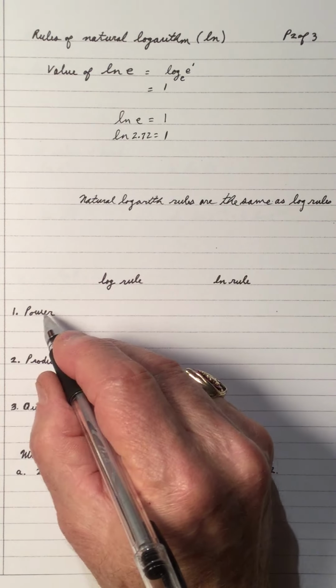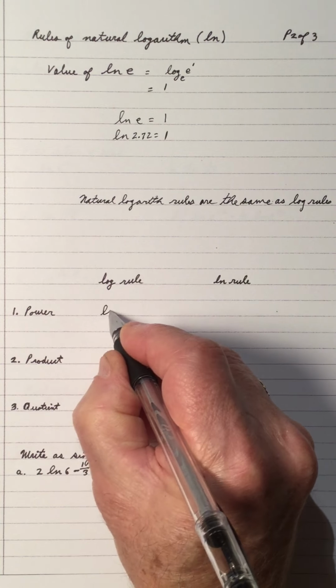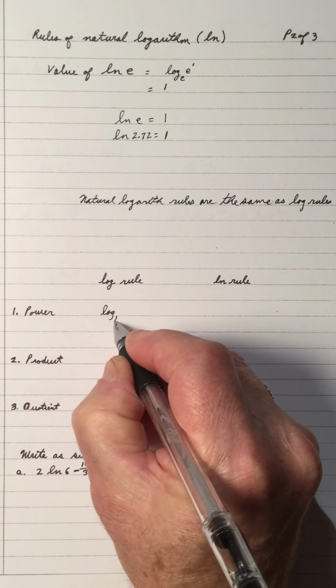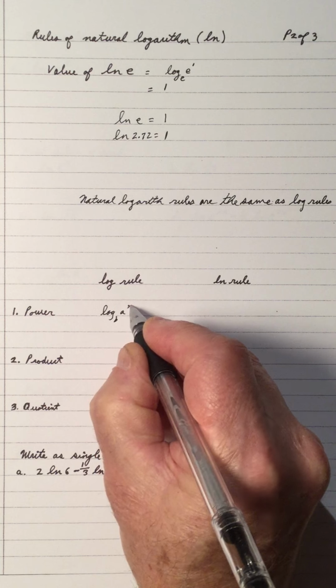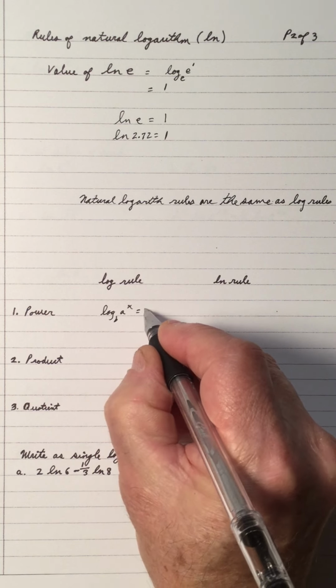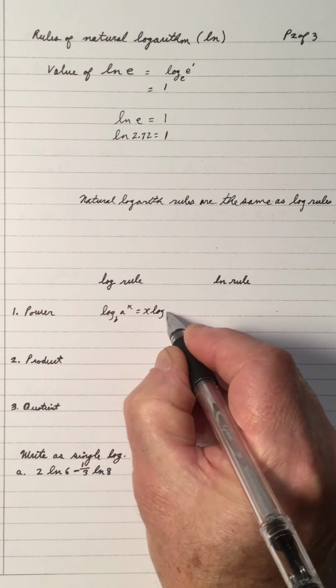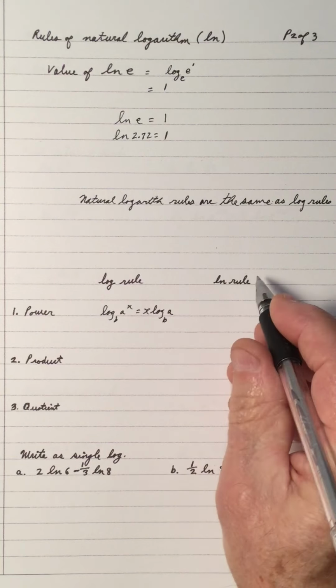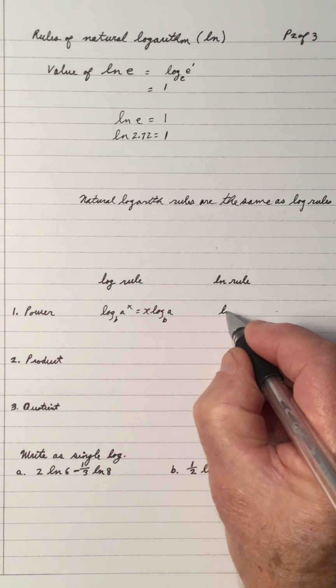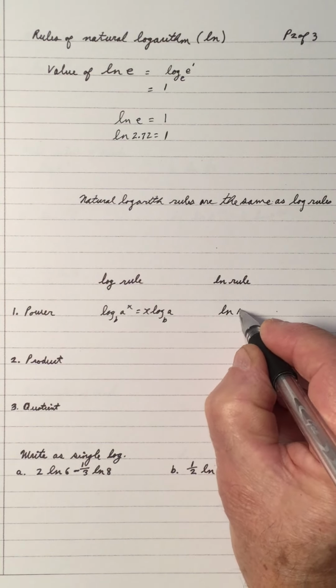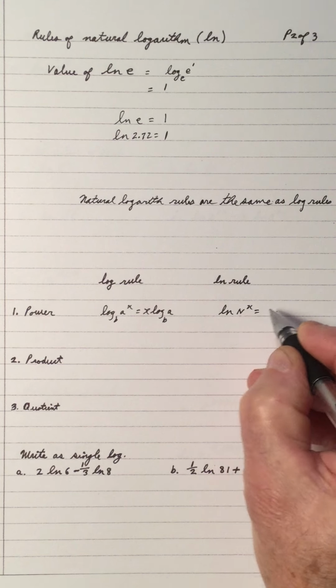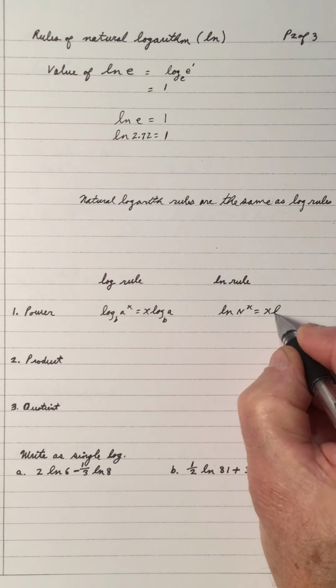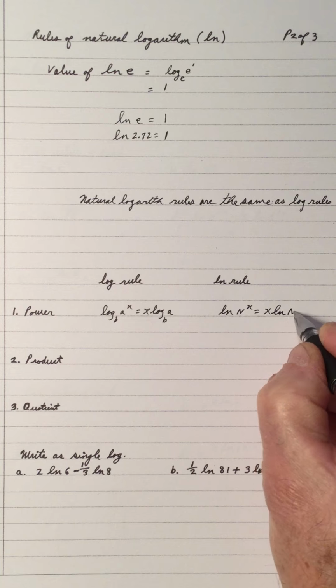So the log rule for the power, which is log b of a to the x, is the same as x log a base b. So ln of n to the x is the same as x ln n.